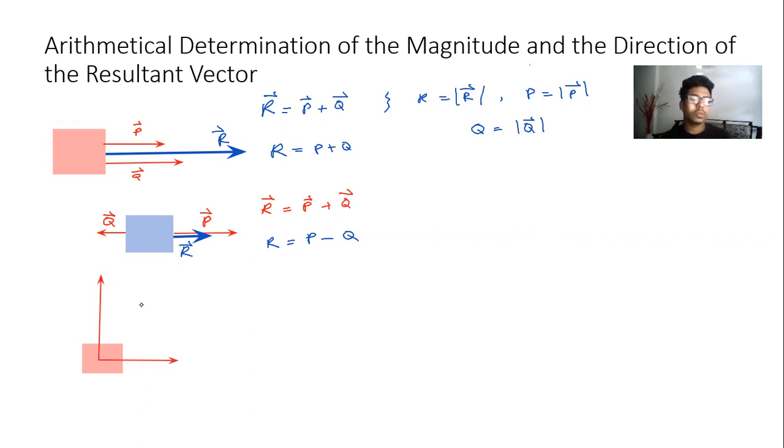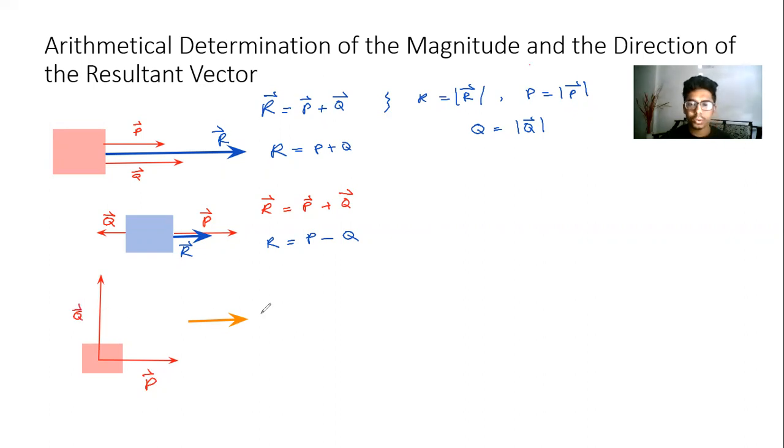Okay, so now we want to find the resultant of this. To find it, I'm going to follow the triangle law of vector addition. Here I have marked their forces. This is the vector P, and this is the vector Q.